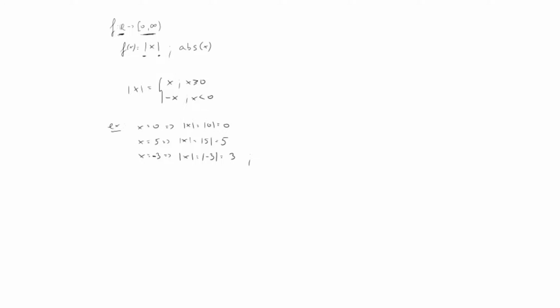In other words, the absolute value of -3 is given by -1 times -3, which is of course 3. So this is what the function does. Or we can say, in other words, f of -3 is equal to 3.